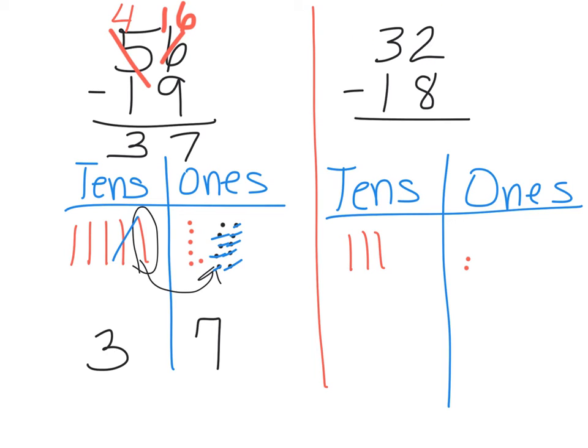So we have 32. Now we need to minus 18, which means we need to minus 8 ones. Do we have enough ones to minus 8? No, we don't. So what do we do? We regroup. We take one of the tens and regroup it over to the ones column. 1 ten is 10 ones, so that is how many we will place.